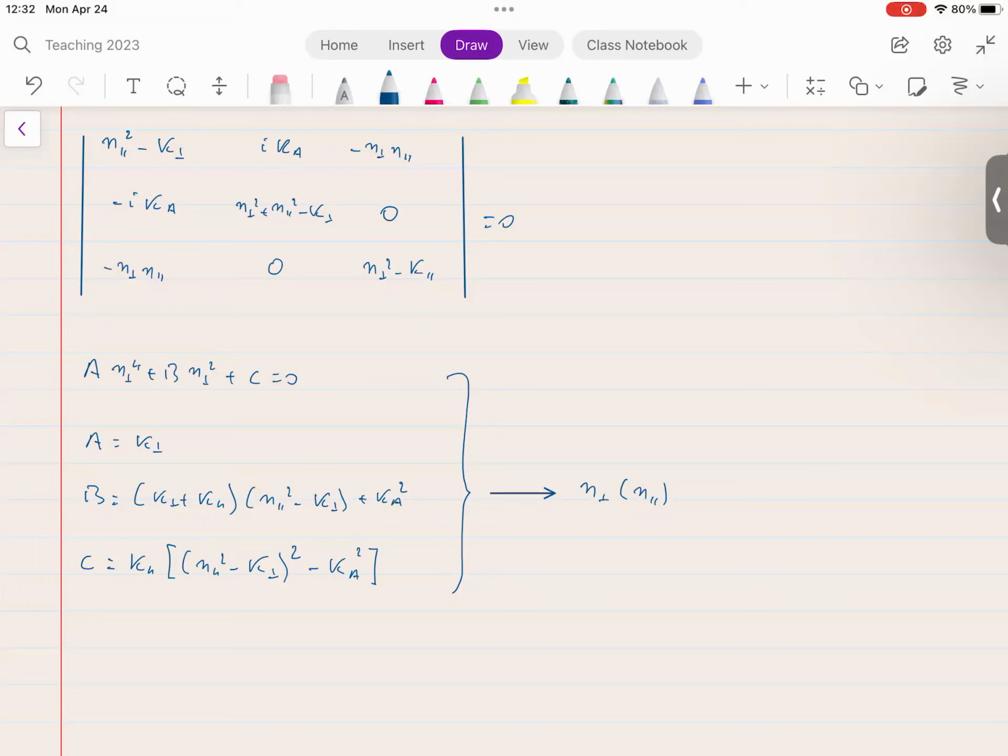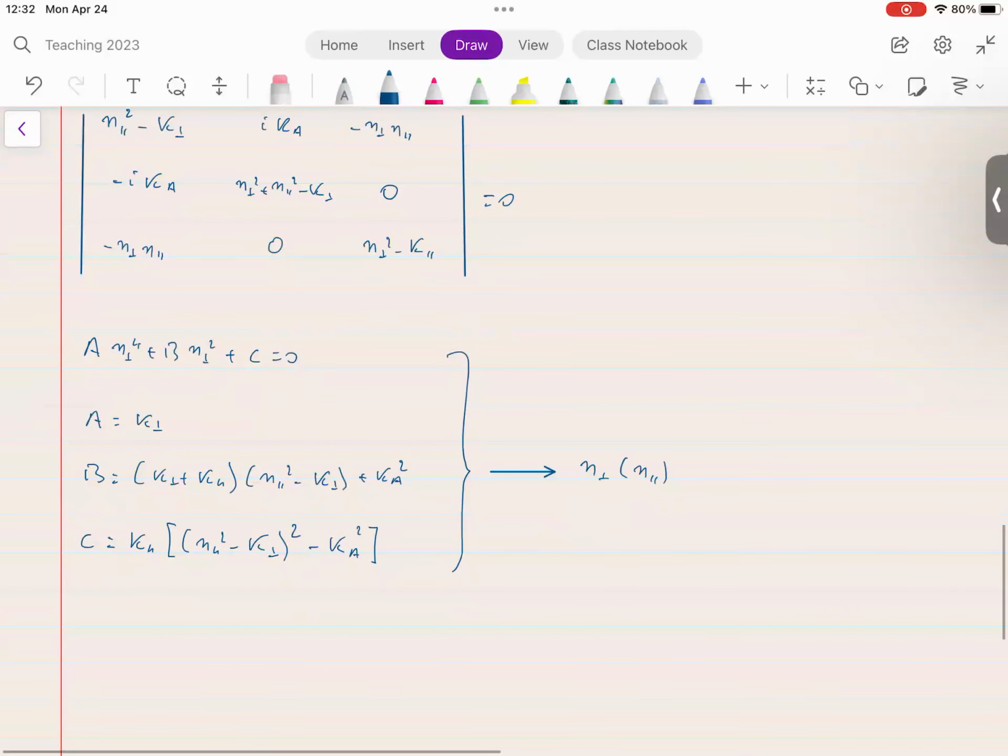Okay, now I did mention that the parallel velocity for the electrons that are involved in the lower hybrid current drive is going to be of order of 3 times the thermal velocity of the electrons.